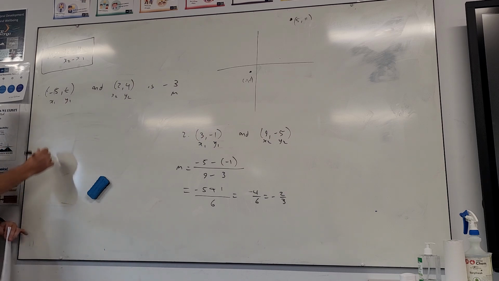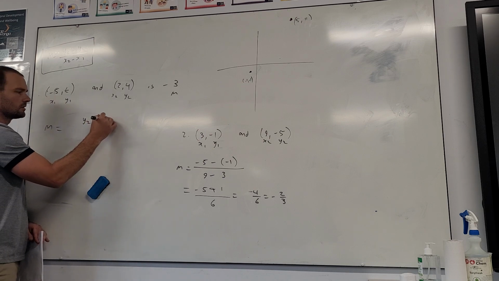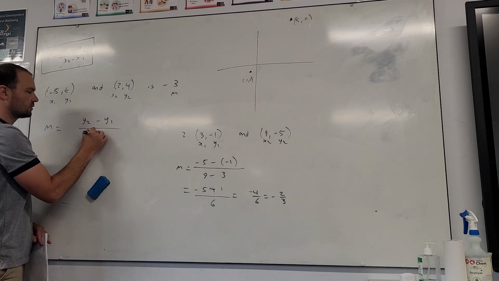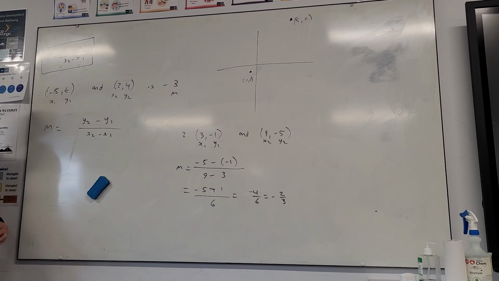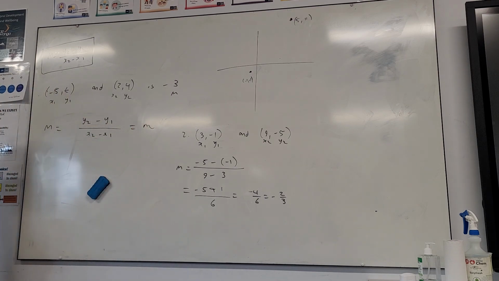So remember, m equals y2 take y1, on x2, take x1. We can write it like that, or we can put the m on this side, it doesn't matter. Let's substitute in all of the information to help us find the variable.